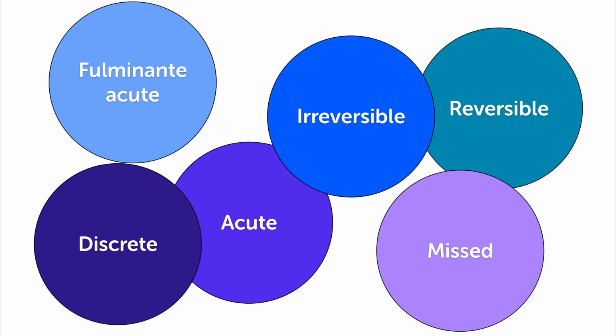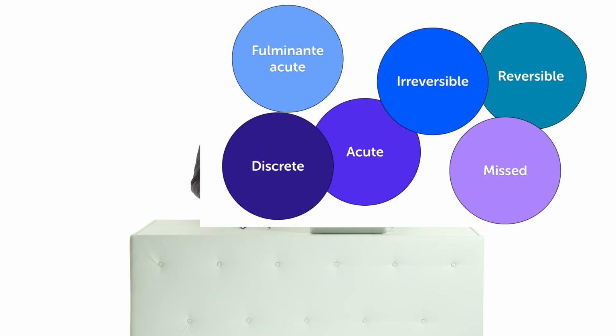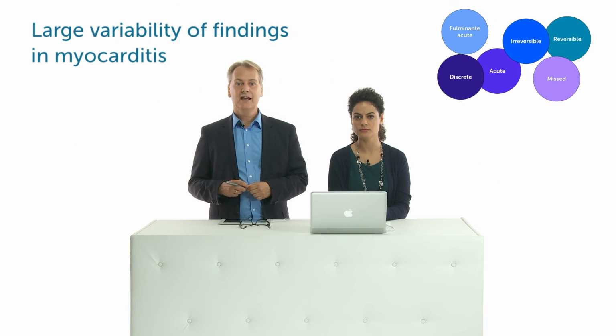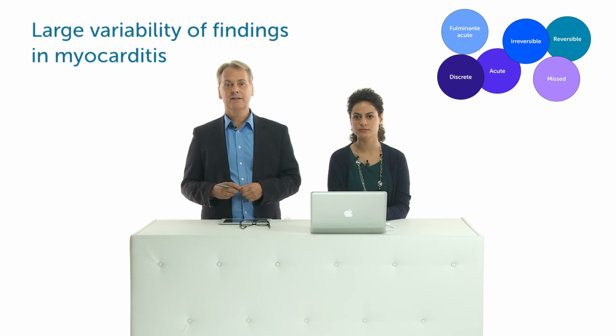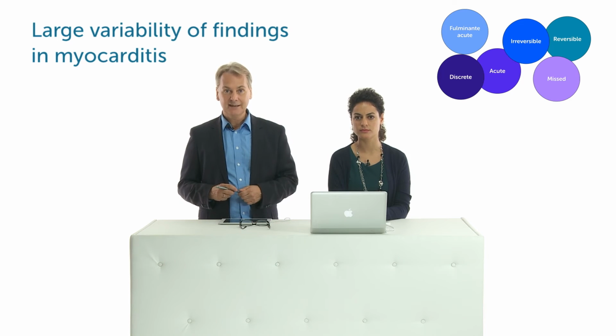So what we find on the echocardiogram can vary greatly depending on the clinical presentation of myocarditis. Some patients have such massive left ventricular dysfunction that they might even need acute heart transplantation or left ventricular assist devices. Other patients have very, very subtle abnormalities, only a pericardial effusion, and sometimes we don't see anything.